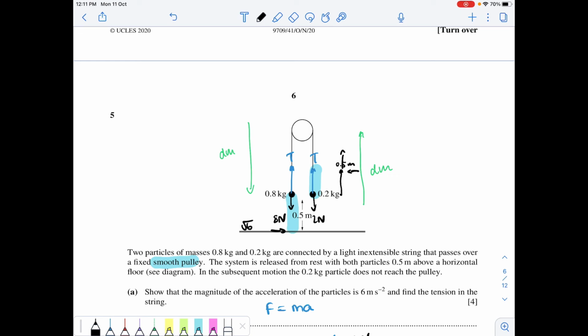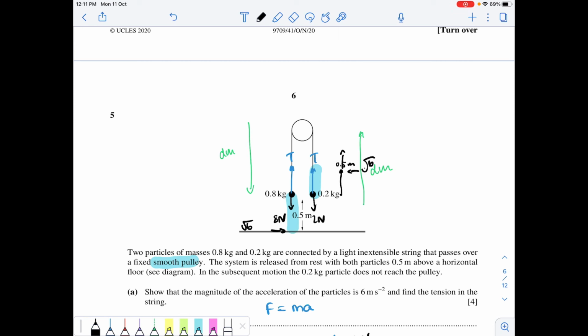Square root 6 meters per second. Now, because these were joined together, that means that this particle, at this very moment the other particle touches the ground, must also have a speed of square root 6 meters per second.